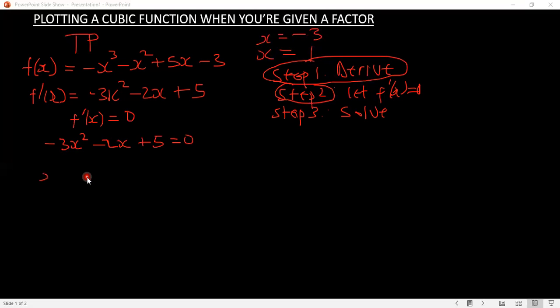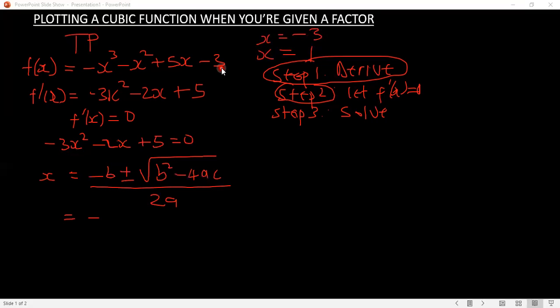Then we just use the quadratic formula here. x is equal to minus b plus or minus the root of b squared minus 4ac, over 2a. The value of b is negative 2.